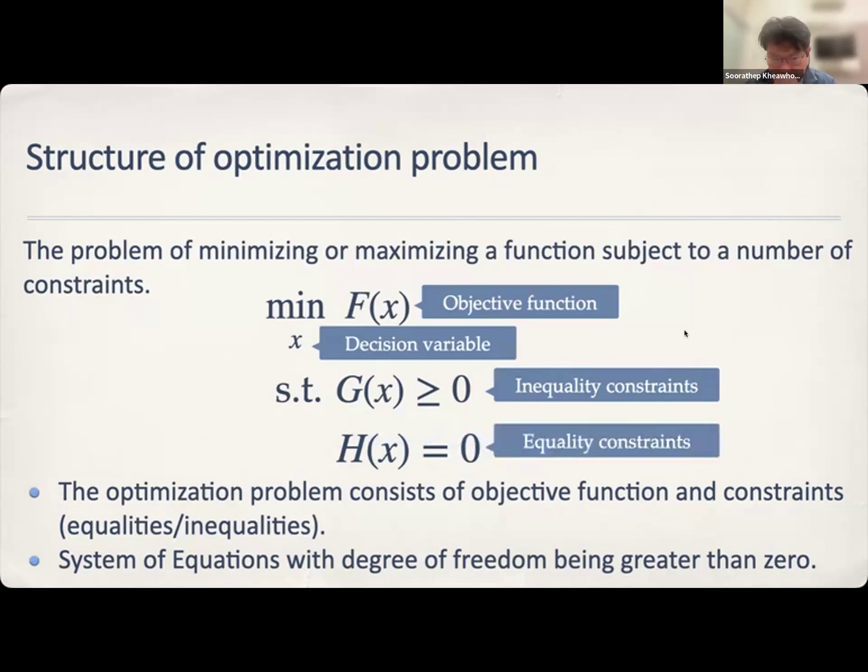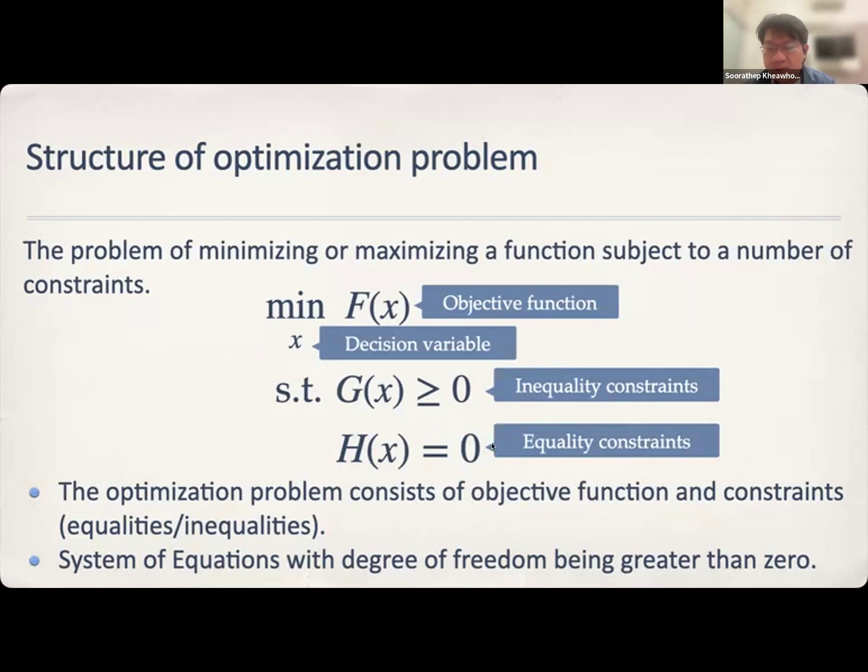And we have another type of constraint, we call it equality constraint. For this equality constraint, we find the decision variable x to satisfy this equation, h(x) equals 0.